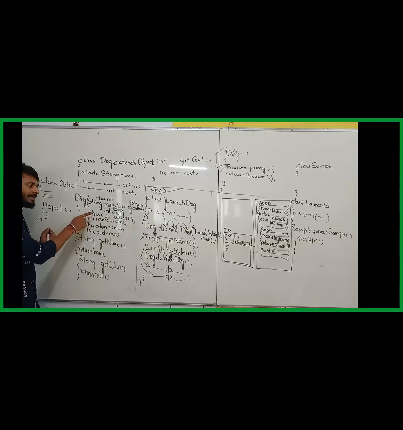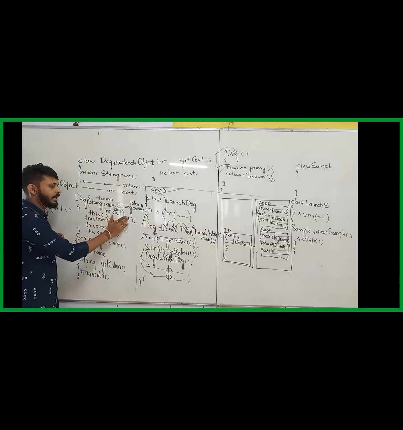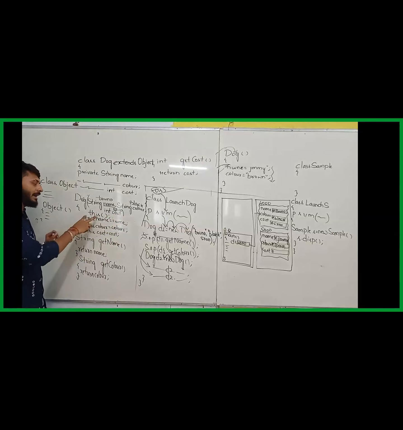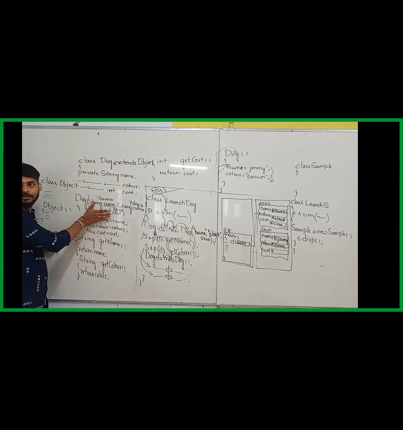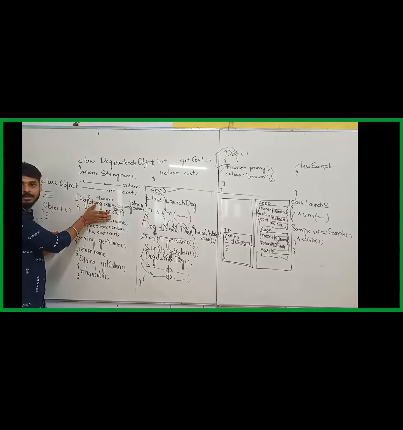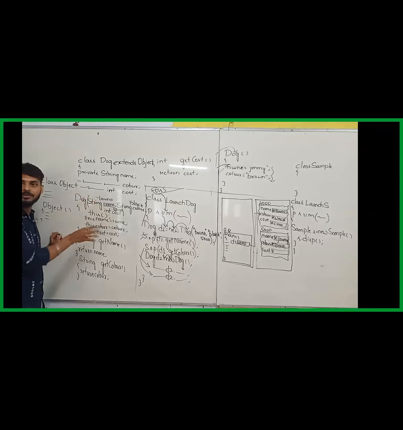So that is the reason. If you are writing this method call, then you cannot write super. If you are writing the super method call, then you cannot write this method call. So by default, if you don't write anything, what will be there? If I don't write the this method call, then the super method call will be there. You write or you don't write, by default it will be there.